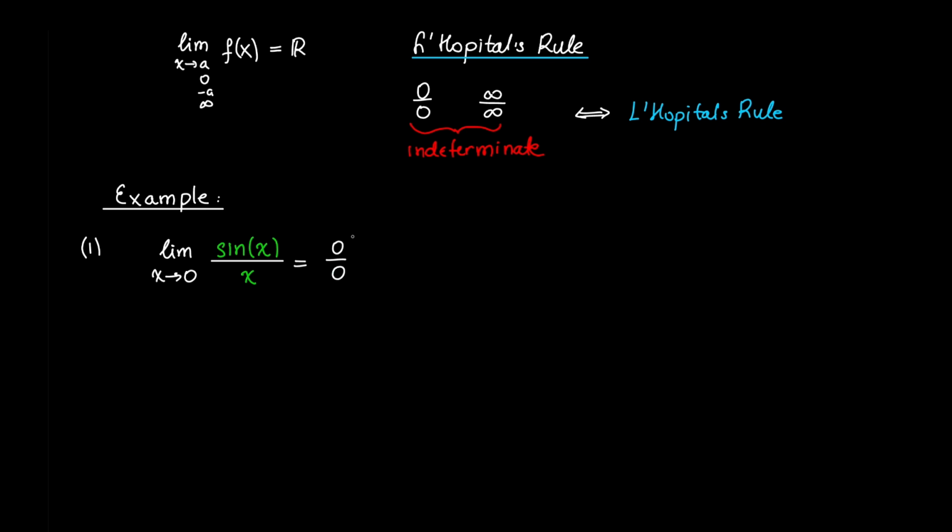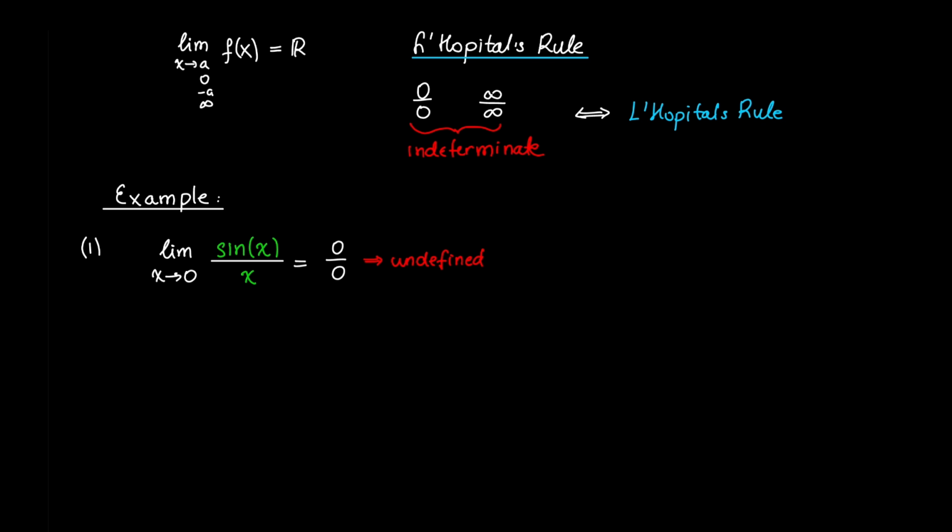We get 0 divided by 0, which is indeterminate, or otherwise also known as undefined. This is because both functions in the numerator and in the denominator approach 0. Thus, their ratio is undefined.